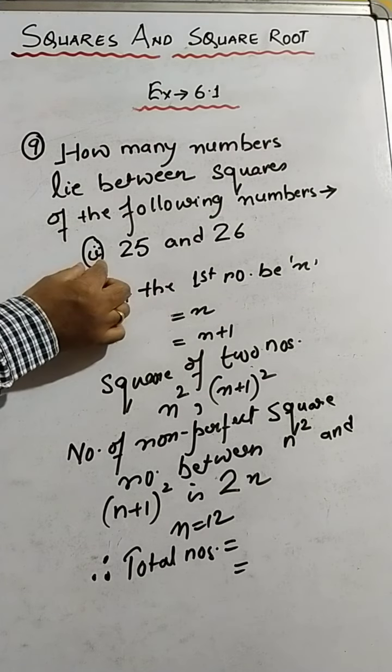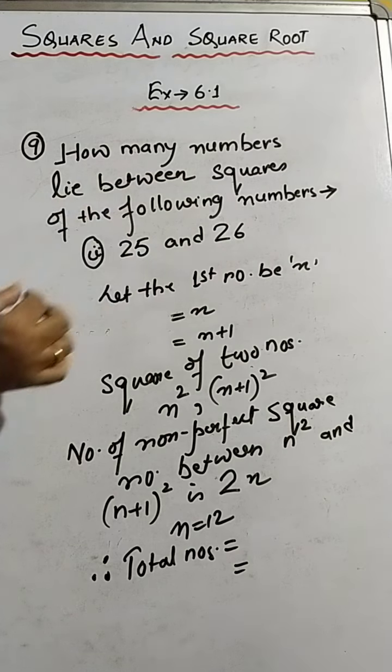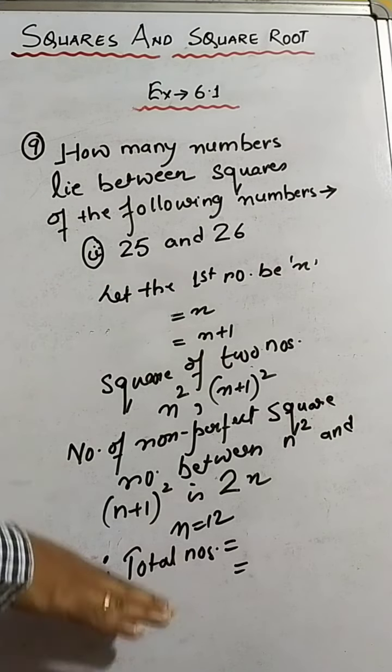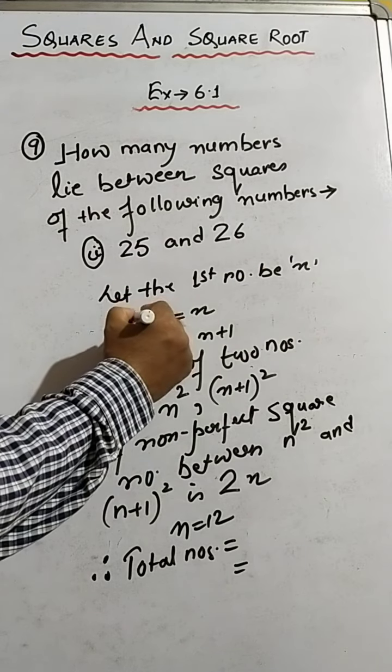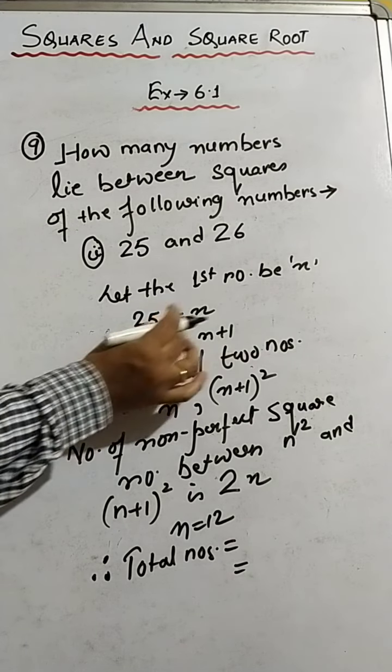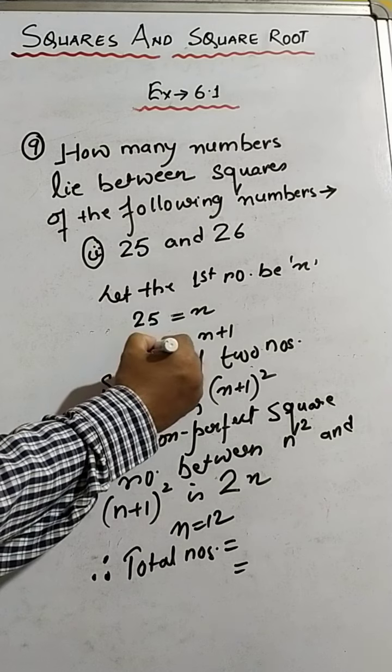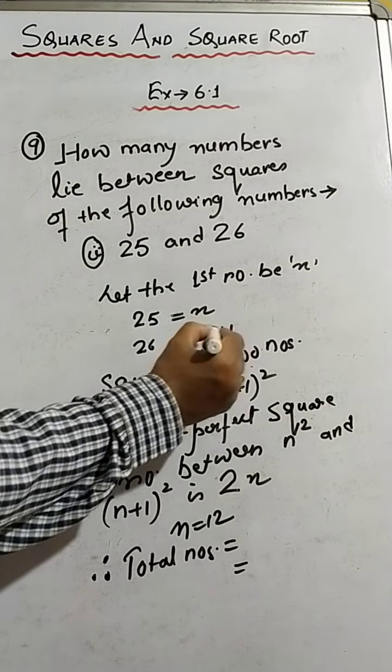So in sum number 2 we have 25 and 26. Okay, so we will maintain the same sequence, that is, let the first number be n, that is 25 will be considered as n, and 26 obviously is 1 more than n, so we'll write n plus 1.